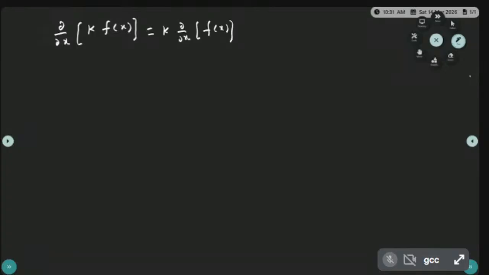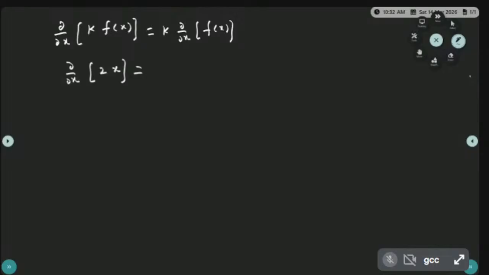Release the k from the jail and punish the f of x. K is the innocent. It's a constant. Release it from the jail and concentrate on x. Now look. Dou by dou x of 2x.